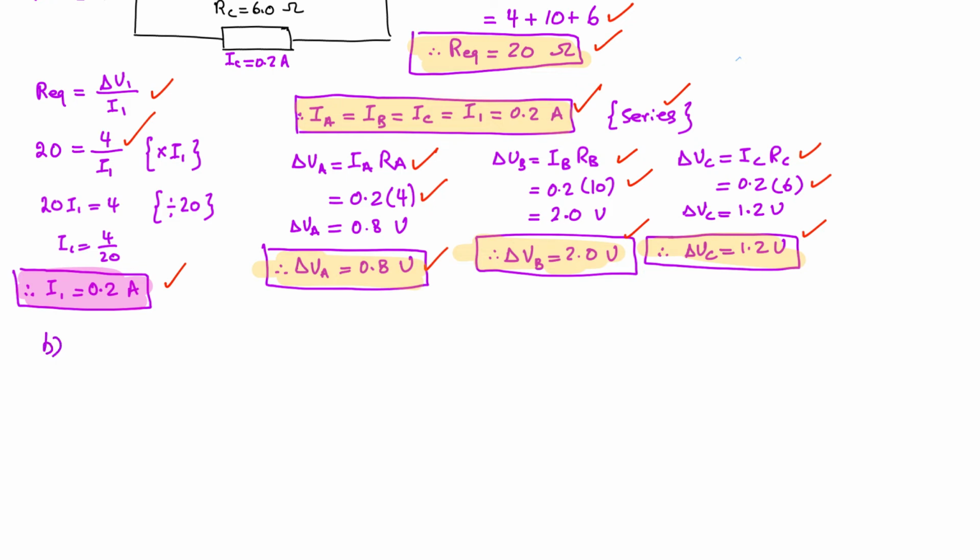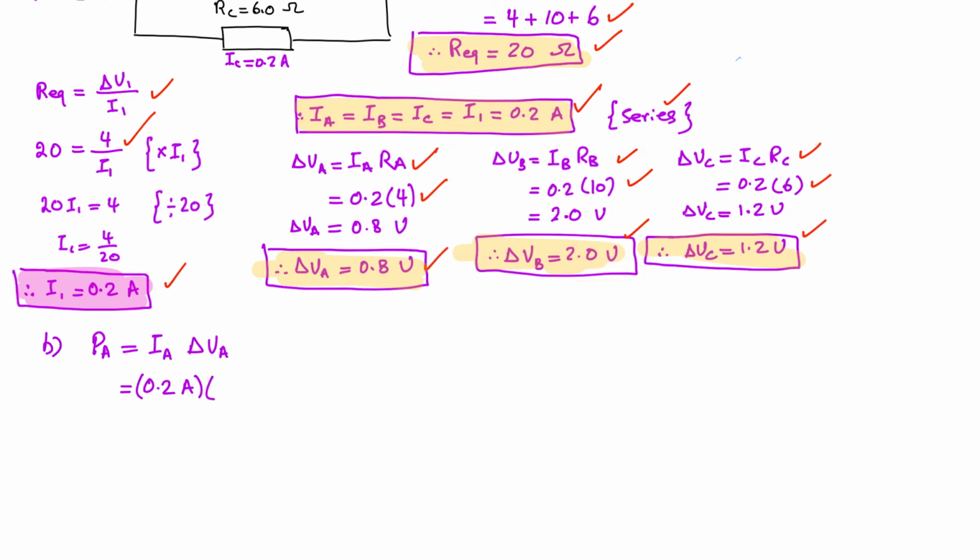For part B, power across the speaker is going to equal the current across the resistor multiplied by the potential difference across it. The current was calculated to be 0.2 amps, and I'll write the units on this one.